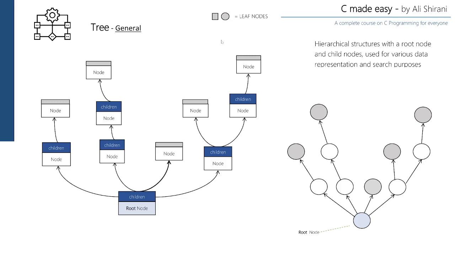And these grayed ones, these circles, are also leaf nodes, and the same structures are in the boxes on the left side. There's nothing to worry about. It's pretty understandable. I hope you understand trees, and we will see examples as well.